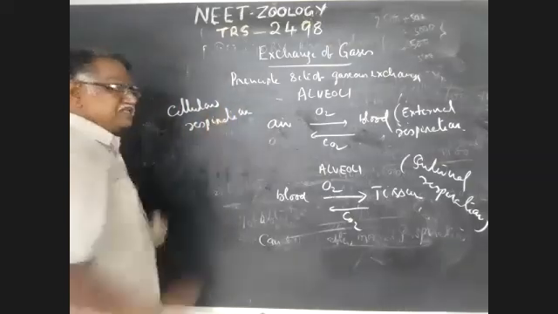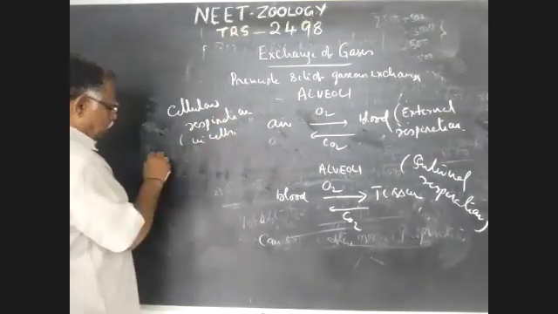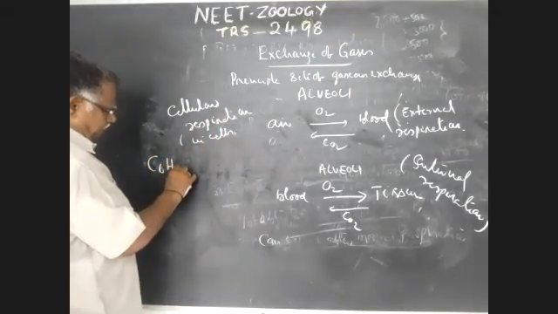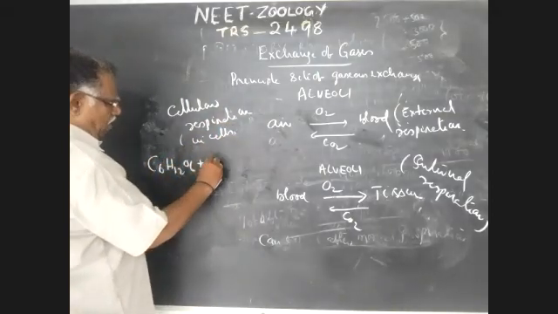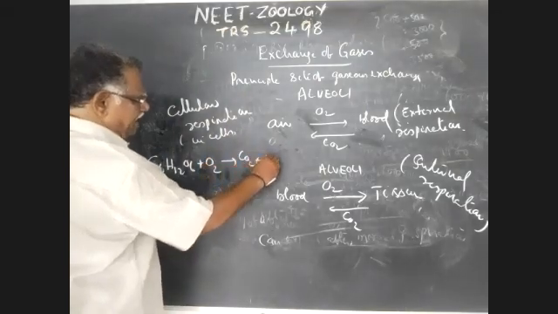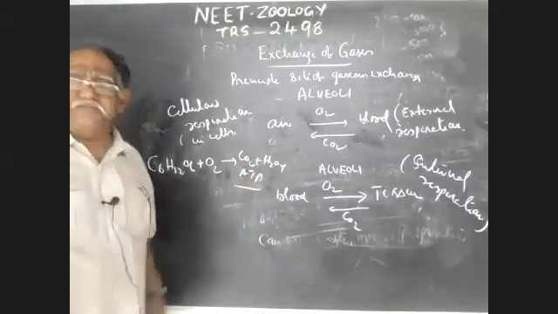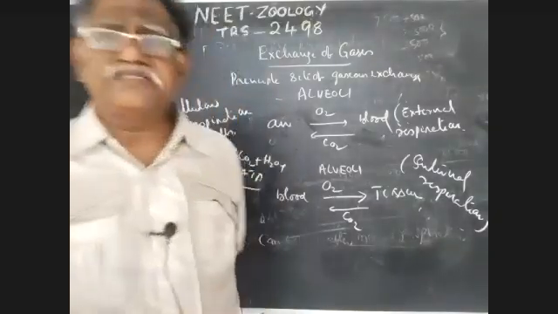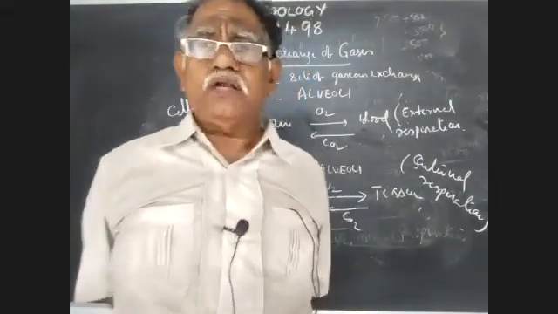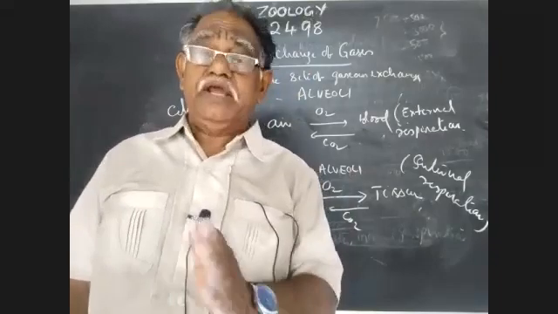What happens in cellular respiration that occurs in cells? The nutrients are oxidized by oxygen, producing carbon dioxide, water, and energy in the form of ATP molecules. So the byproducts of catabolism in the cells are water and carbon dioxide. That carbon dioxide is not useful to the body, so it should be eliminated.